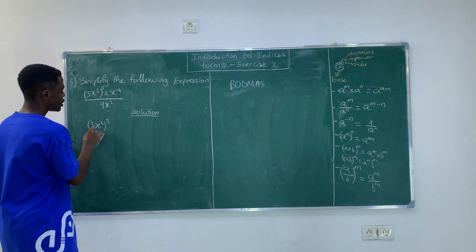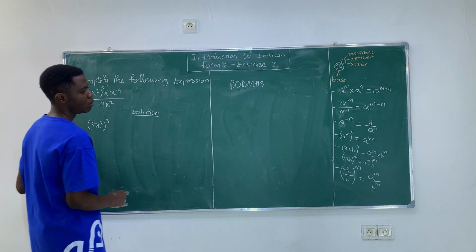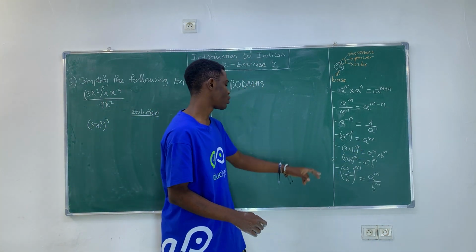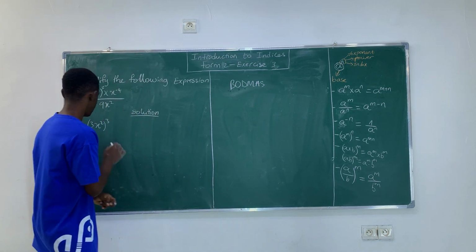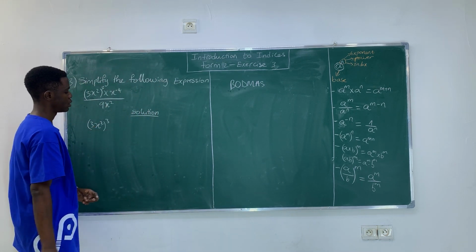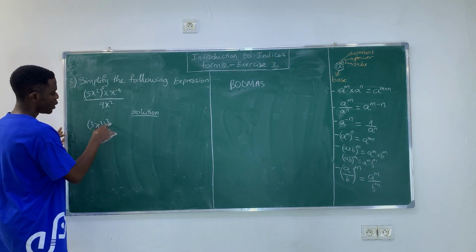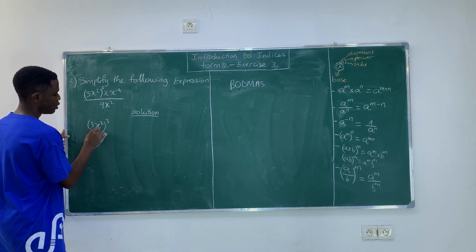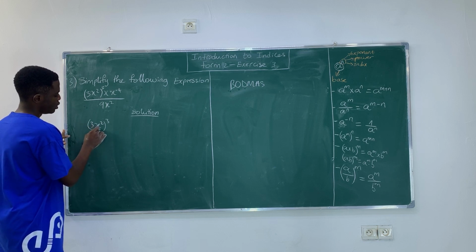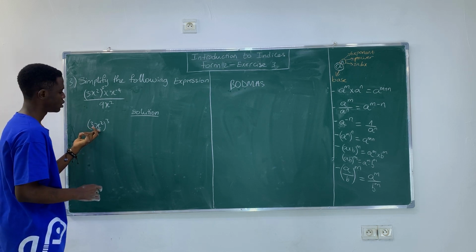We have two terms inside the bracket which are multiplying, and which are raised to a power. And you also have a power of powers, because here we have x squared raised to a power. But here the power of powers is applied to just one term, since just one term has a power.